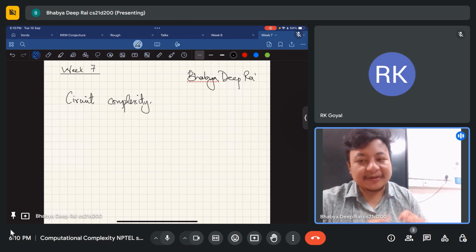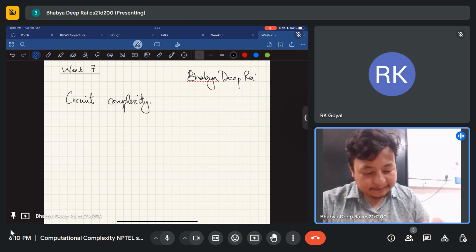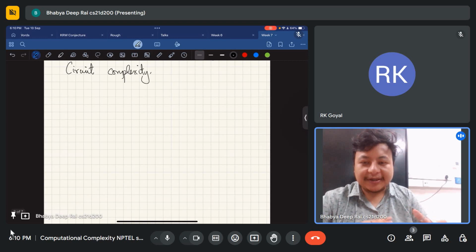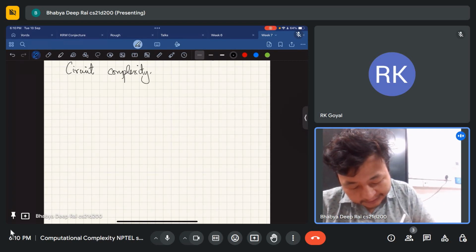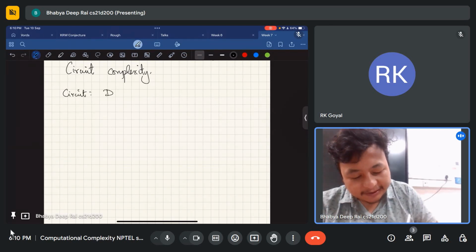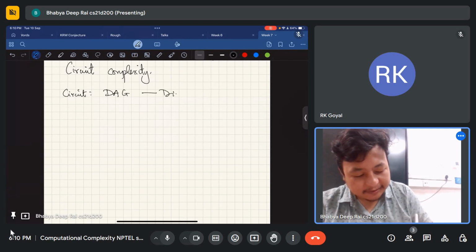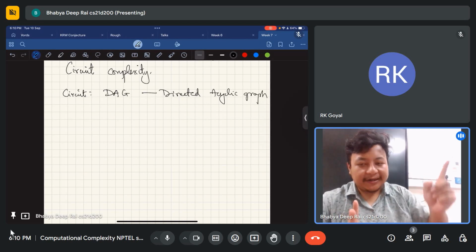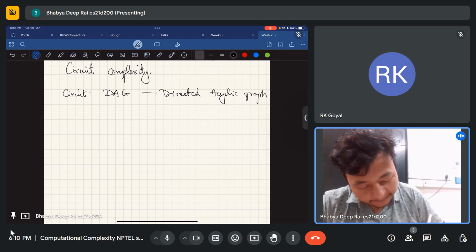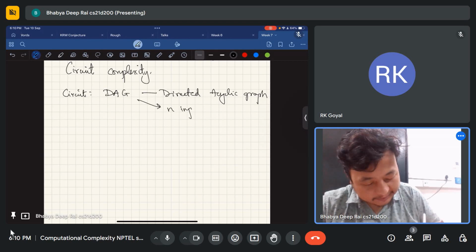Okay. So circuit complexity. We know what circuits are, but to recap, a circuit is a DAG, a directed acyclic graph. That means a cycle cannot happen, but it's a directed graph. There's a certain direction here, and it has n input bits.